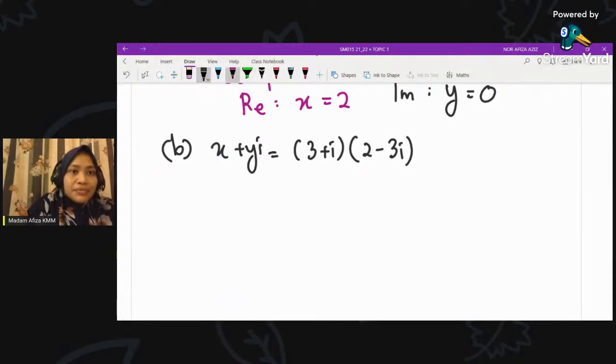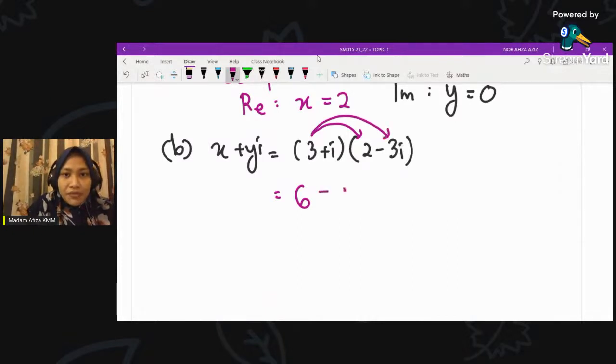Over here, I have 3 times 2, so I'll get 6. And then we have 3 times negative 3i, so we have negative 9i. No, there's no squared, right? Only i. Sorry. 3 times 3 is 9, and then we just put the i.